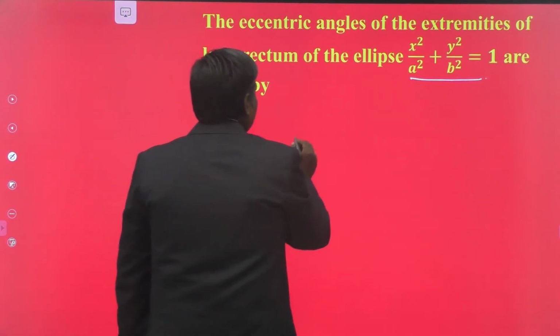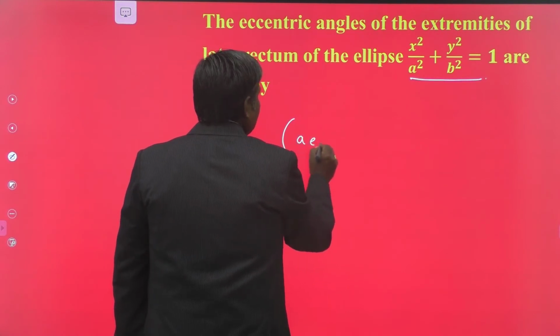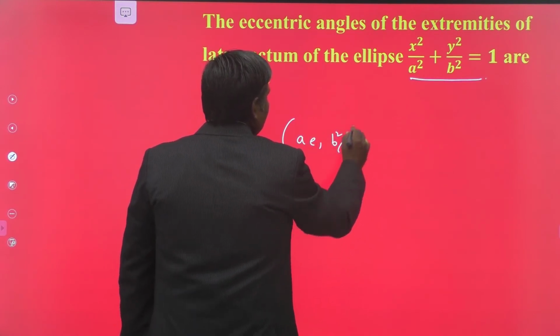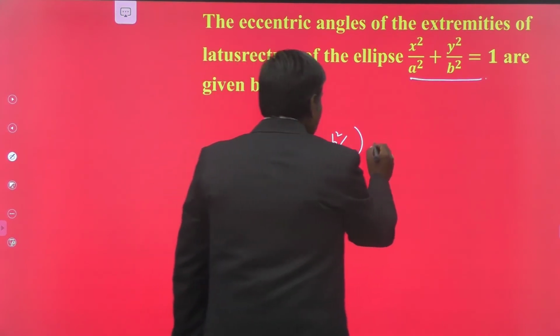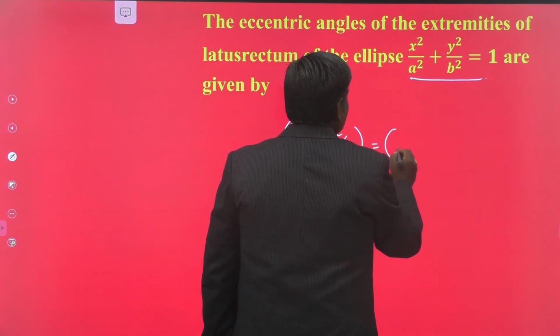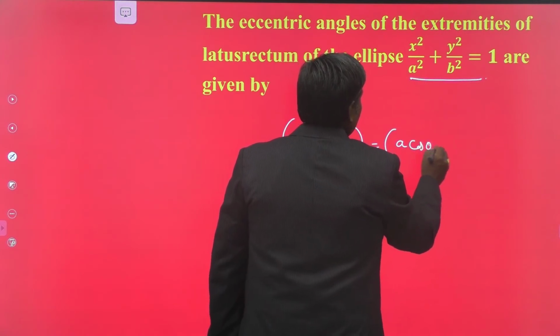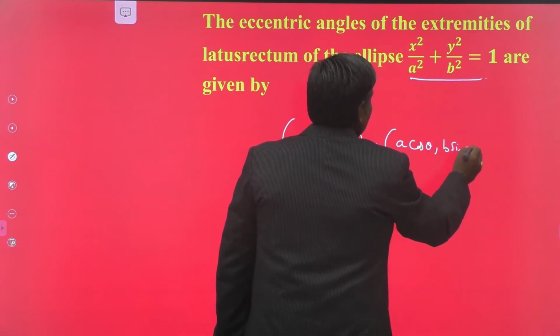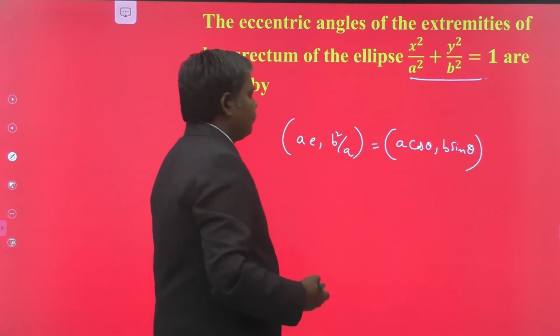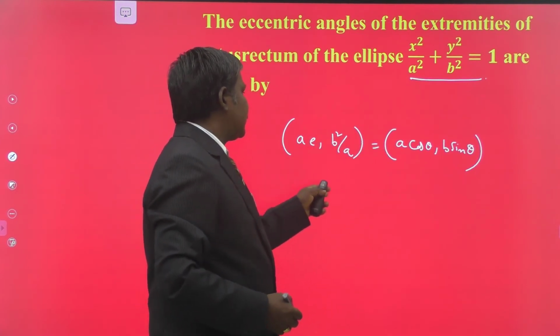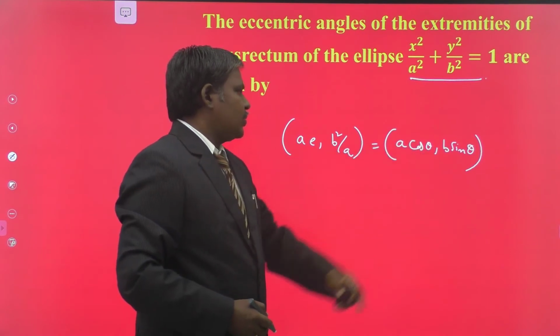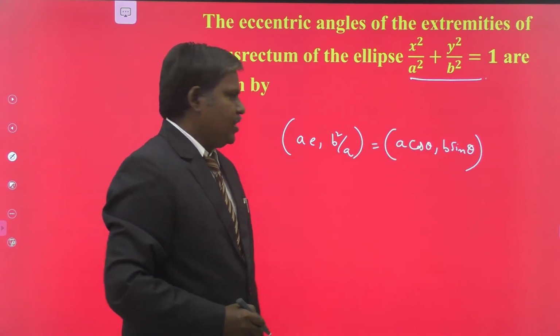So, what are the ends of the latus rectum? Just we discussed, ae comma b square by a. It is in the first quadrant. Let us see the first quadrant. First of all, ae comma b square by a is equal to a cos theta comma b sin theta. Suppose theta is the eccentric angle of that point. When theta is the eccentric angle of that point, immediately you take that point as a cos theta comma b sin theta.